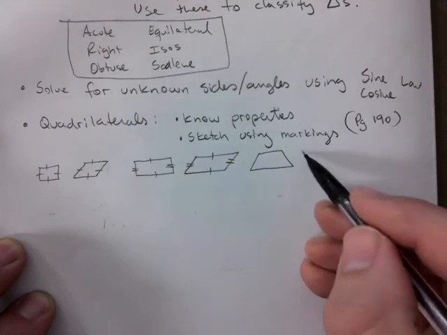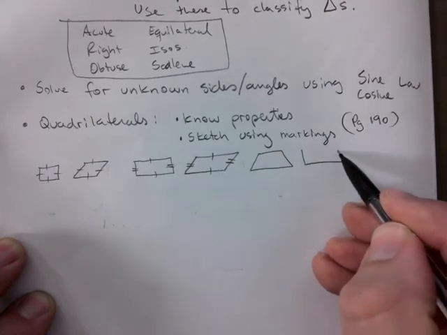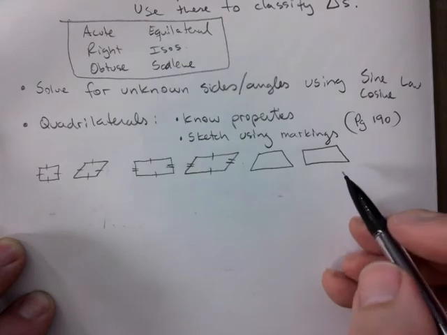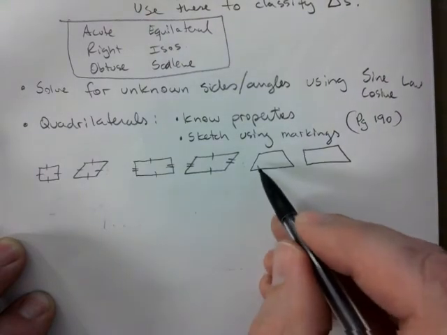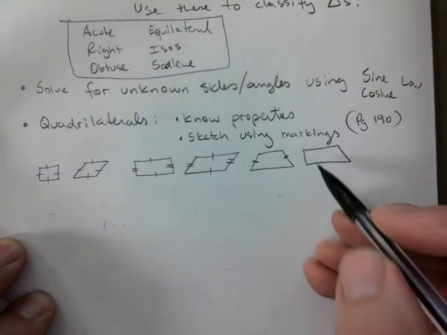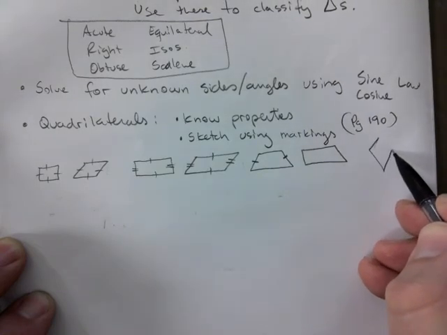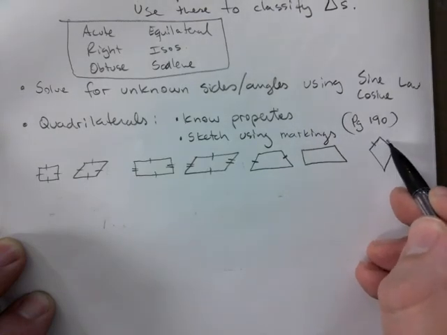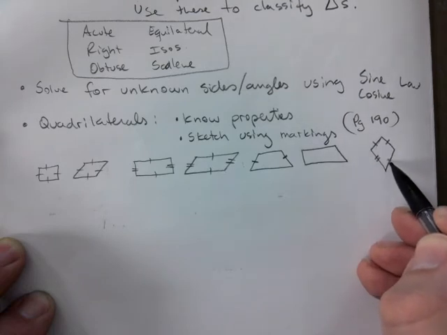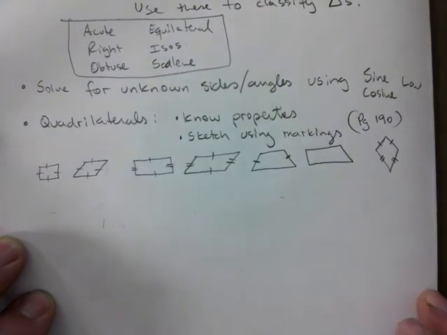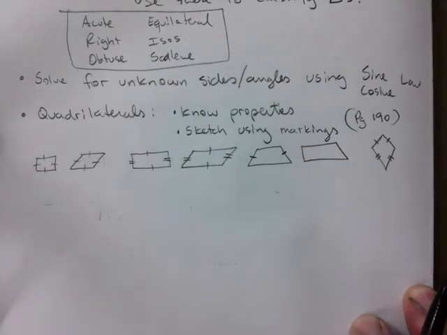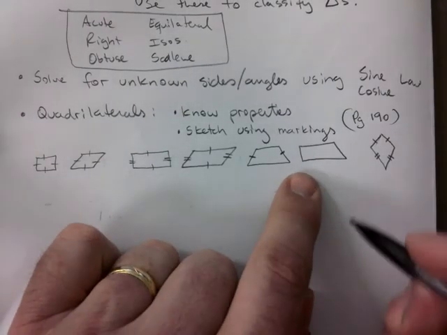You have these ones, what are these ones called? Trapezoid, right? This is the same as that. And then last but not least, you have your, don't call it a diamond, call it a kite, right? So these are them. If you know these, you're fine.